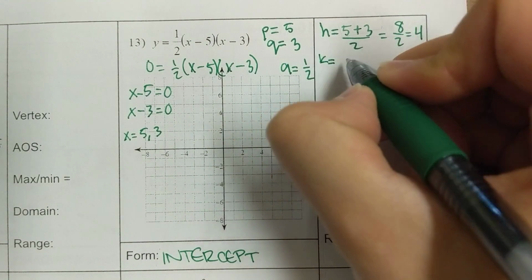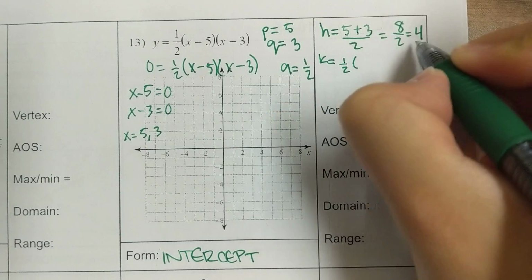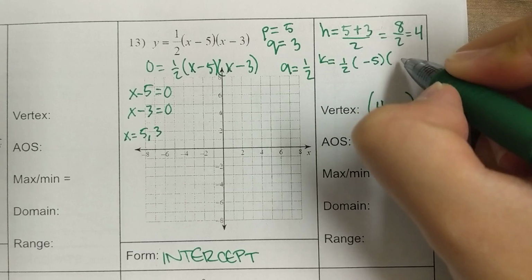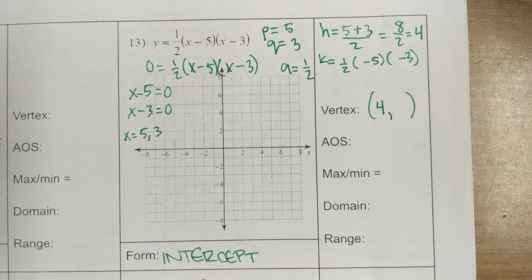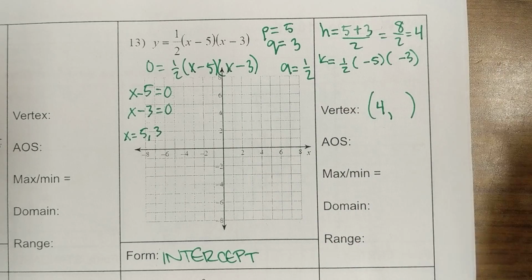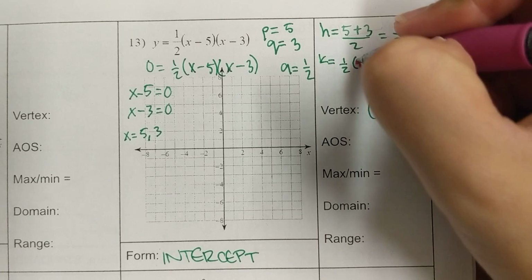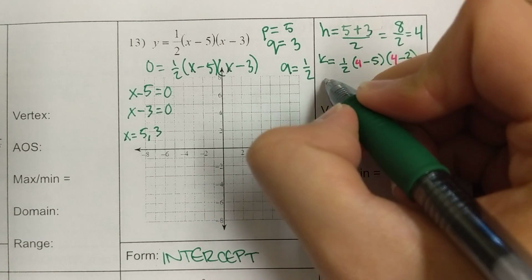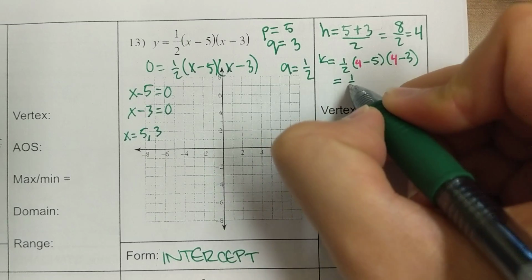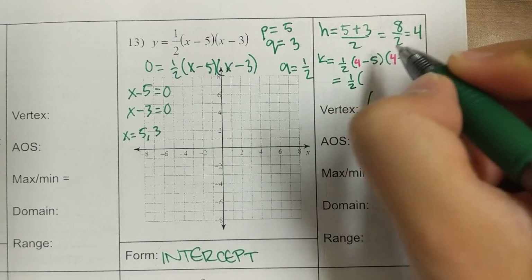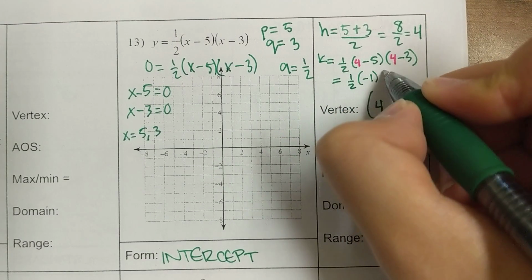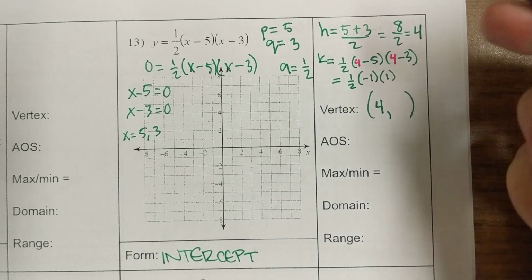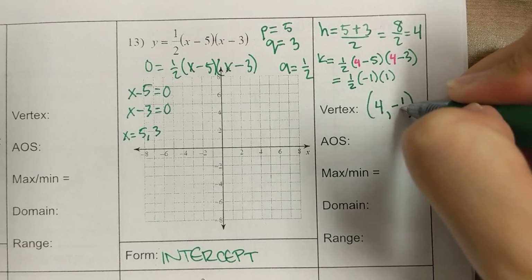So k is equal to 1/2 times (x minus 5) times (x minus 3). My x value is 4, so I'm going to plug in 4. Remember to do the parentheses first, so 4 minus 5 is -1, 4 minus 3 is 1. 1/2 times -1 times 1 is -1/2.